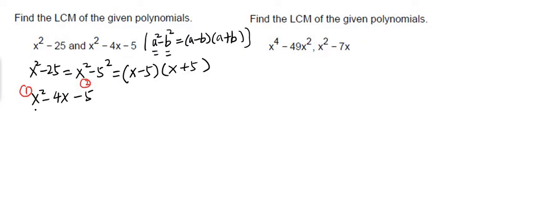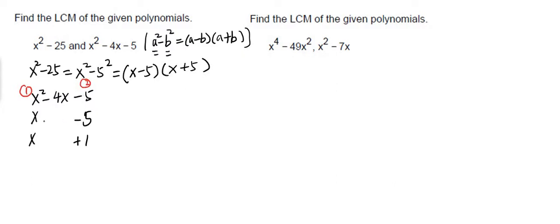So for x squared, we have the factors x times x, and for the negative 5, we can factor it as negative 5 times 1. Okay, negative 5 times 1 equals negative 5. So that's the first step.